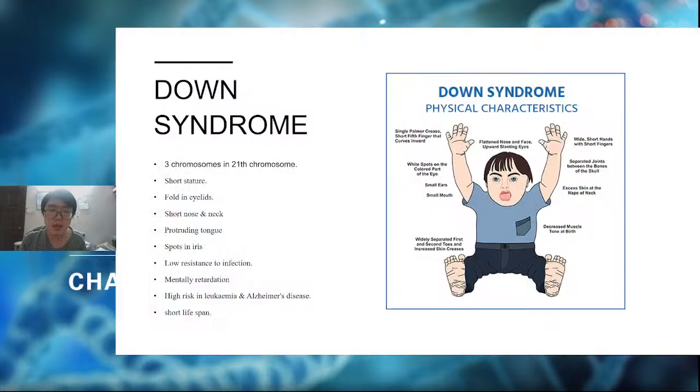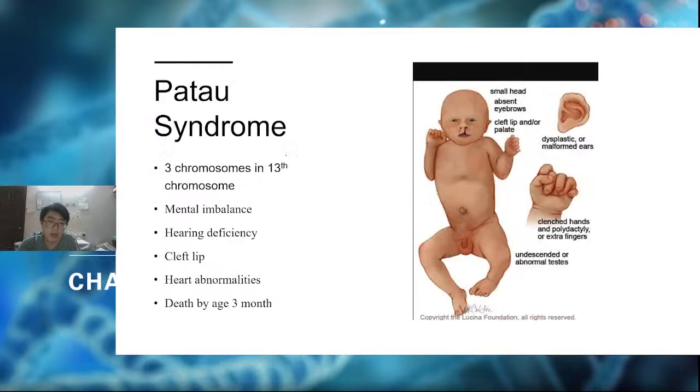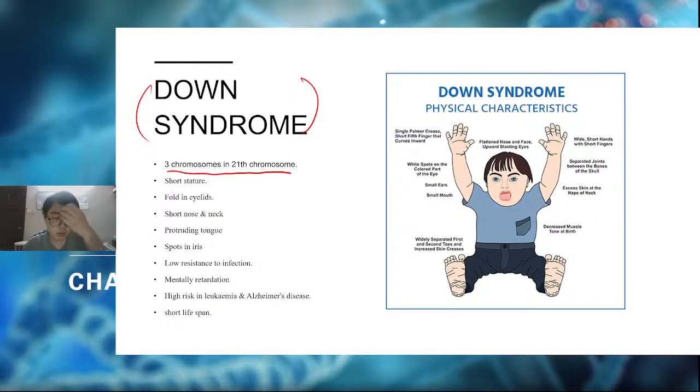chromosome number change, the first disease, the most famous one, is Down syndrome. It is due to the appearance of 3 chromosomes in the 21st chromosome. Is it 21st? I will check. Yes, it is 21st.